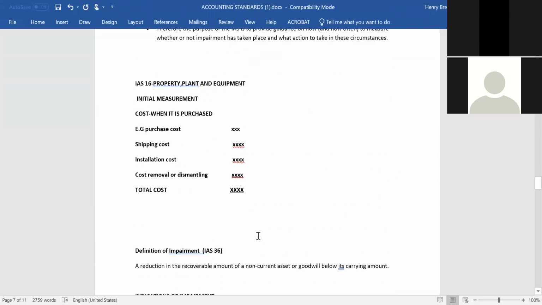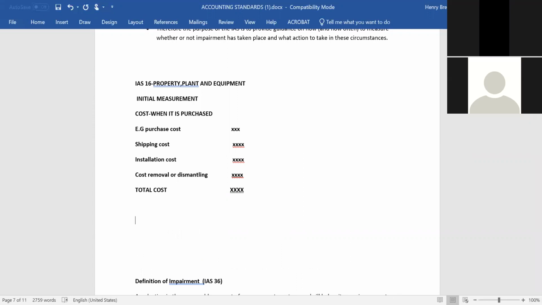With IAS 16, we say initially it is measured at cost, but for subsequent measurement, we can either use cost or we can use what you call revaluation. Now, there's one beautiful thing that students are to note.